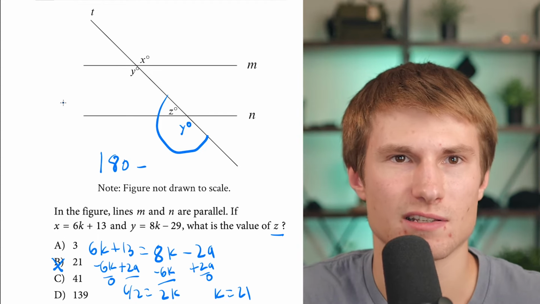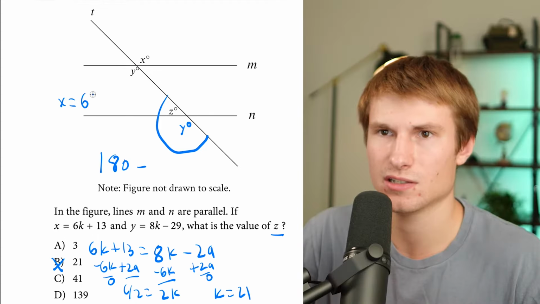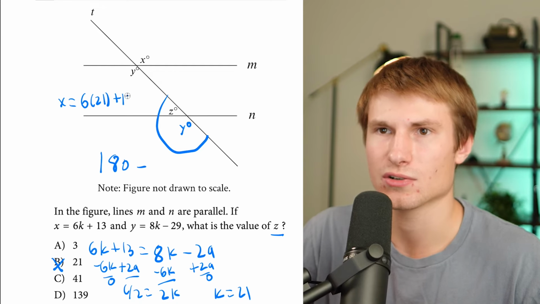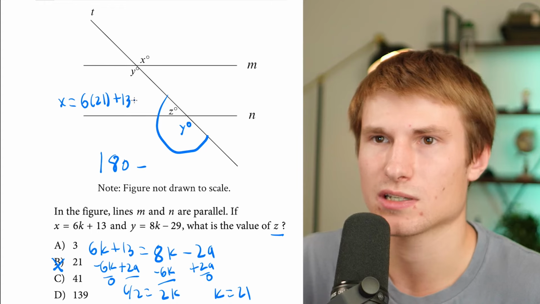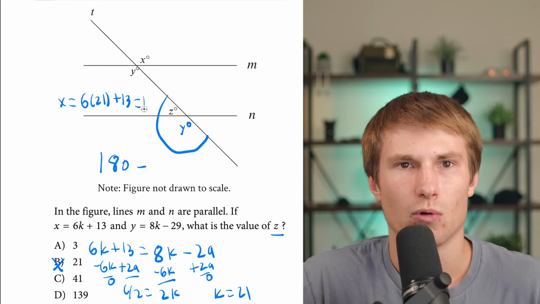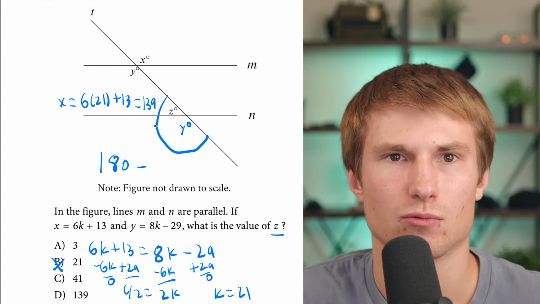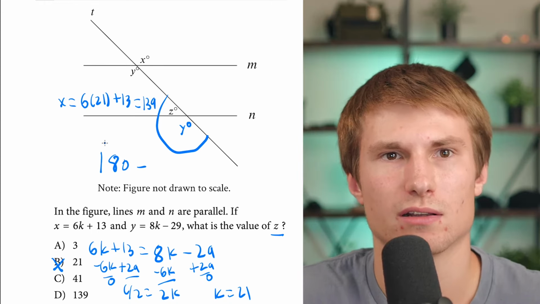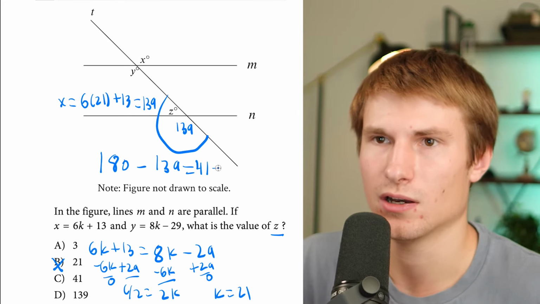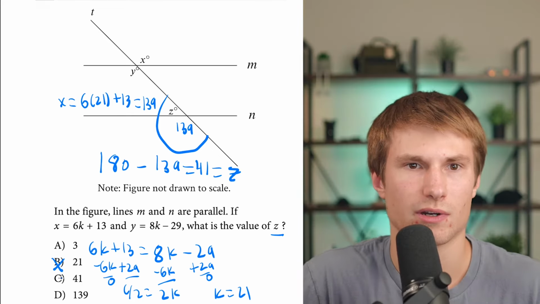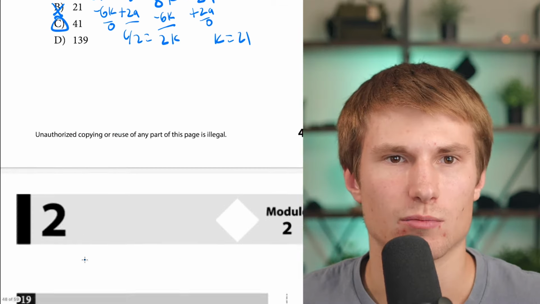We know x is the same as y, so I'll just calculate x because it looks like it's going to be easier. 6 times 21 plus 13. 6 times 21 is going to give us 126. 126 plus 13 will give us 139. So 139 is the same as what is right here, so I'll put in 139 here. 180 minus 139 is going to leave us with 41 as the value of z. So our answer has got to be answer choice C. Let's move on to our next question.